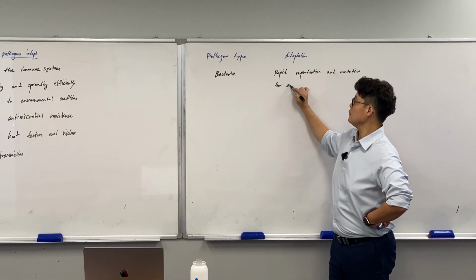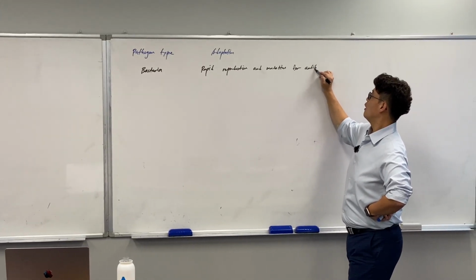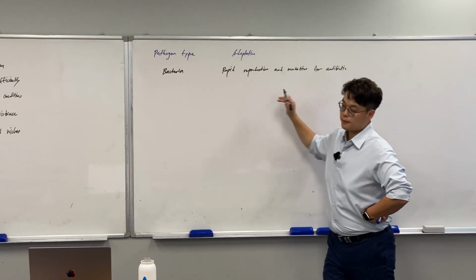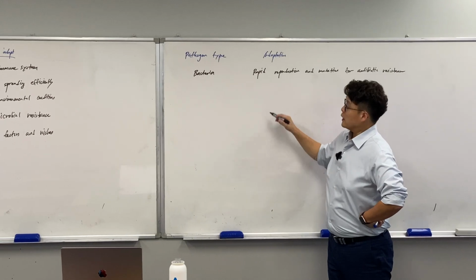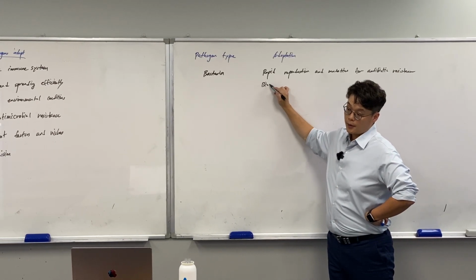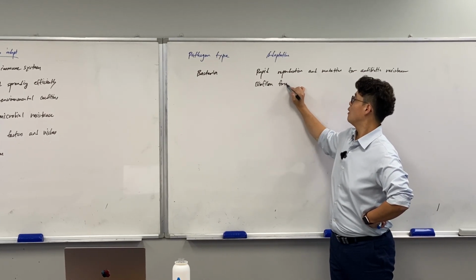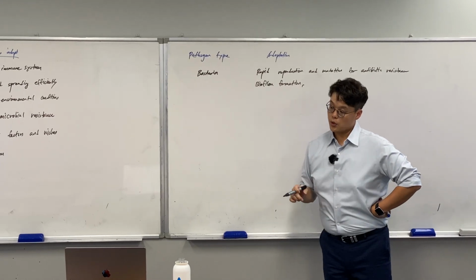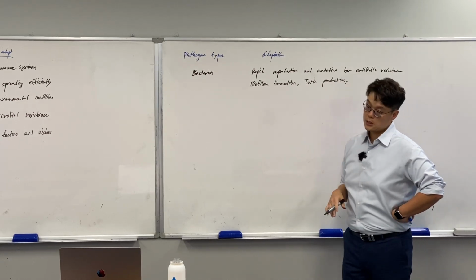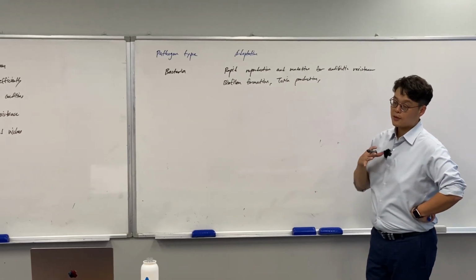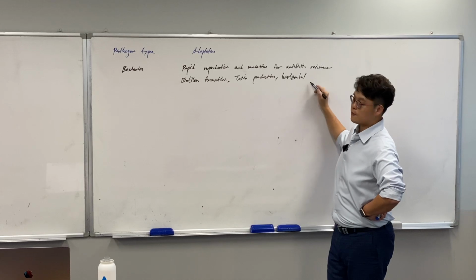For antibiotic resistance, that's one. In other words, they are able to form biofilms, and they can also produce toxins. The scary thing is they go through something known as horizontal gene transfer.